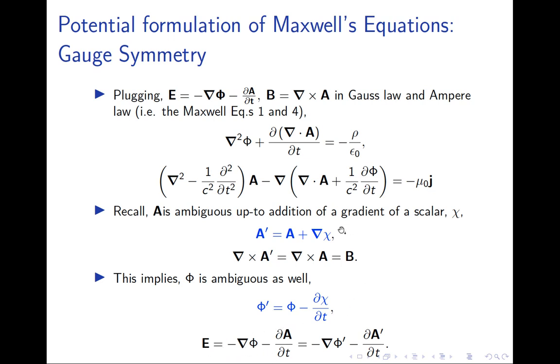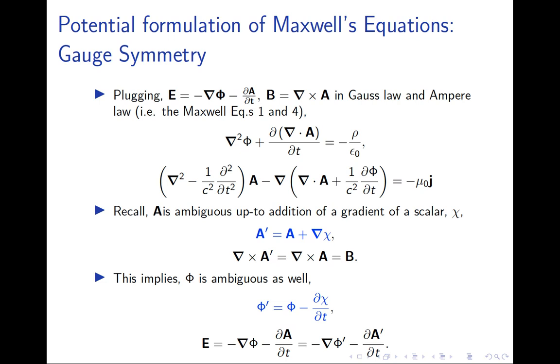So these two have become ambiguous, and there are many pairs of electric and vector potential which give you the same pair of E and B. Not just A and phi: for every A and phi there is an A prime and phi prime, with chi arbitrary. Remember, chi is a completely arbitrary scalar. There is no restriction on chi. So there is an infinite amount of ambiguity in the vector and scalar potential now.